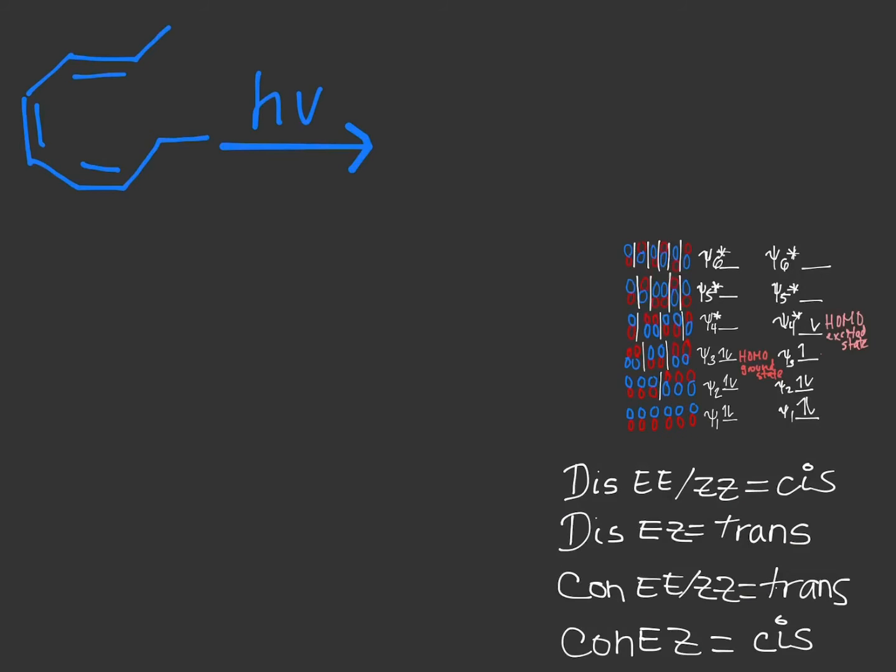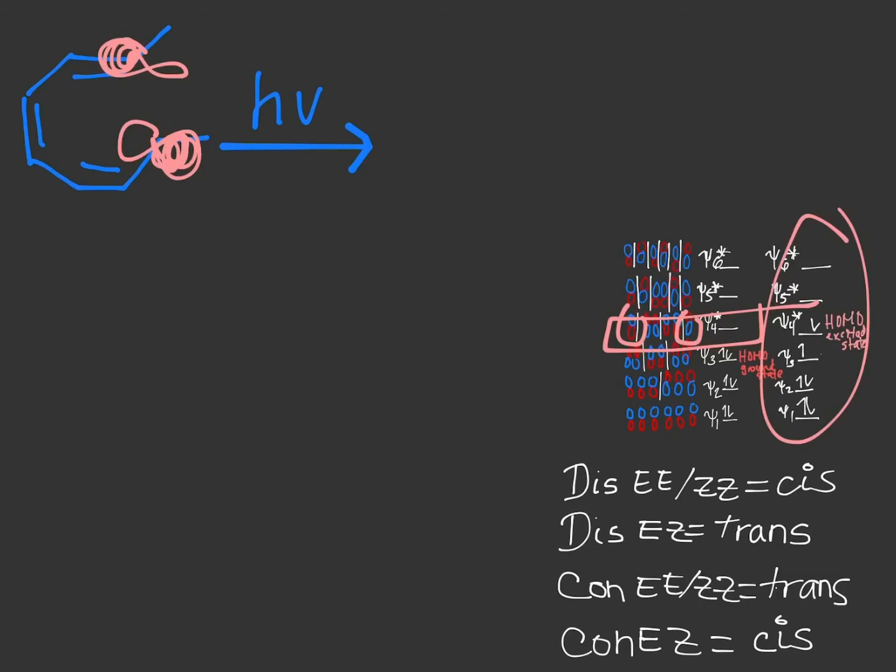Now, if the molecule undergoes a photochemical reaction, we apply light, its HOMO will go to the excited state. Because the HOMO in this molecule, in the excited state that went one up, is unsymmetrical, the movement will be conrotatory.